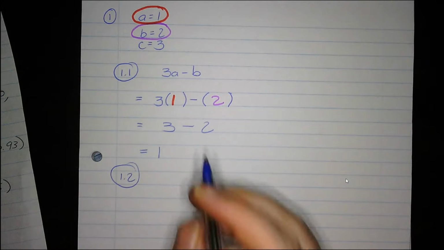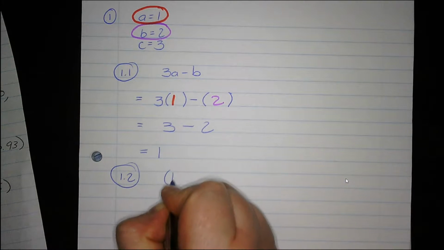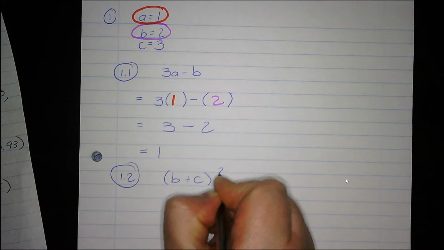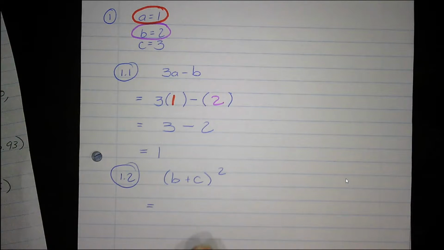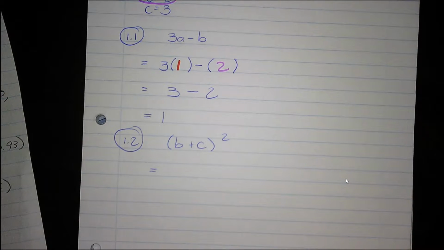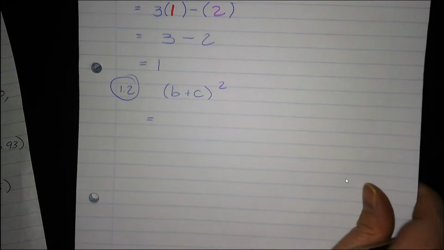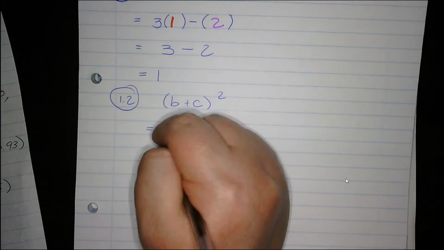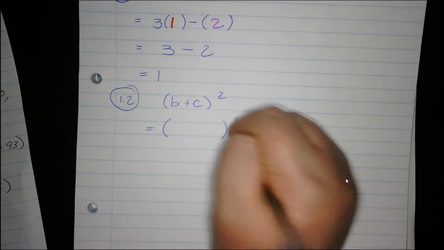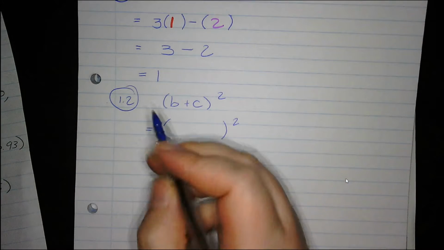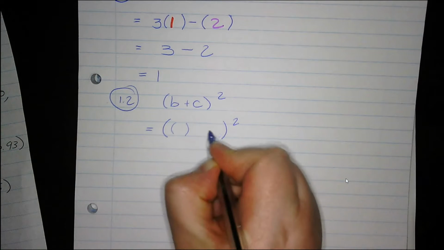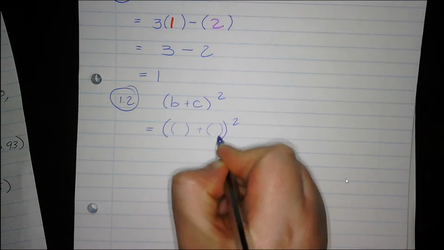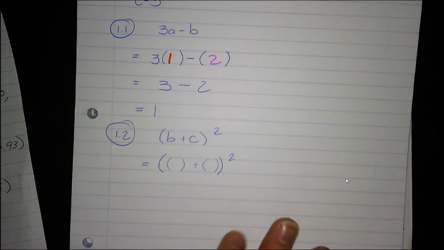1.2. We have B plus C, all squared. This is a little bit more difficult to do just because it already has brackets. But let's do it this way, in the place of B, plus, and in the place of C, just so that we're keeping the same pattern.